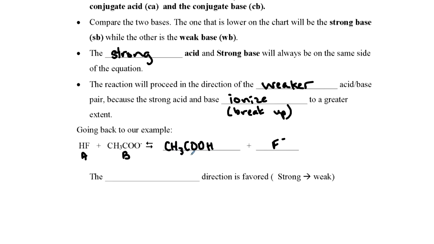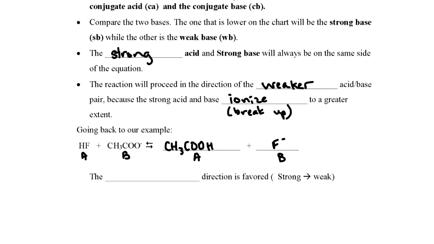So this would be the conjugate acid because it pairs together with the base, and this would be the conjugate base because it pairs up with the acid. So now what I have to do is decide which pair are the strong acid and base and which pair are the weak acid and base. And they're always going to stay together on the same side of the equation.